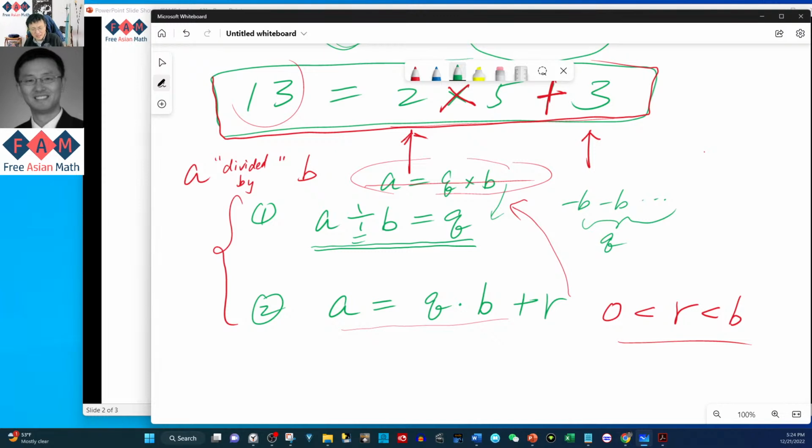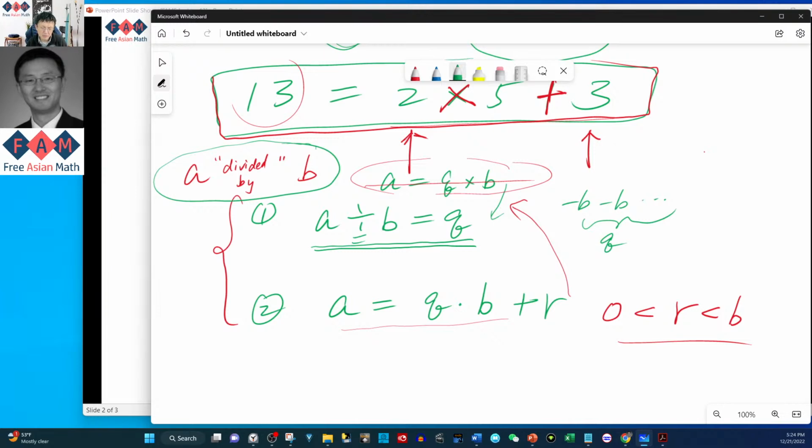There is something concrete there. It cannot be 0, and this remainder cannot be too big, cannot be bigger than B. So that's what we mean by dividing A by an integer B.